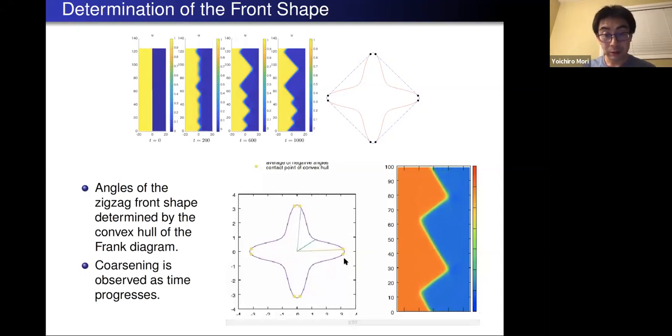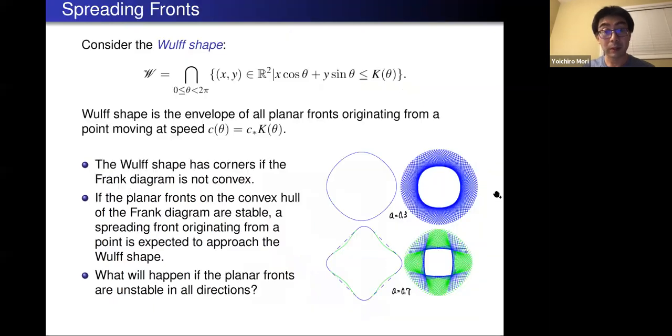We can also consider spreading fronts where the front emanates from one point and spreads further out. We expect that these fronts would converge to Wulff shapes asymptotically, which is the convex dual of the Frank diagram.